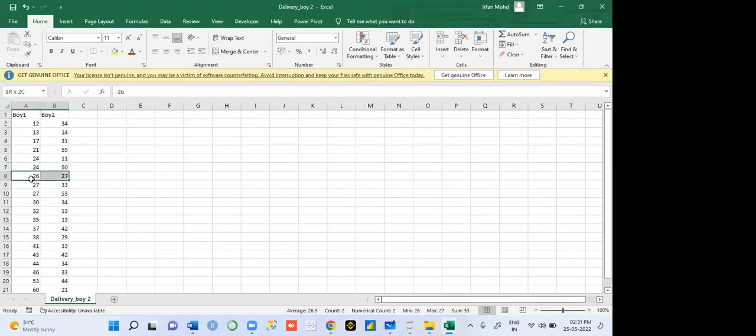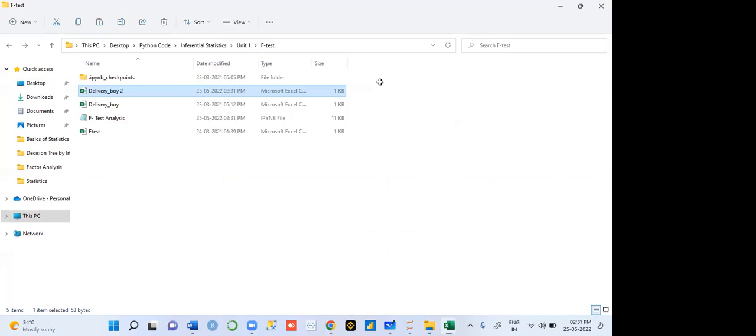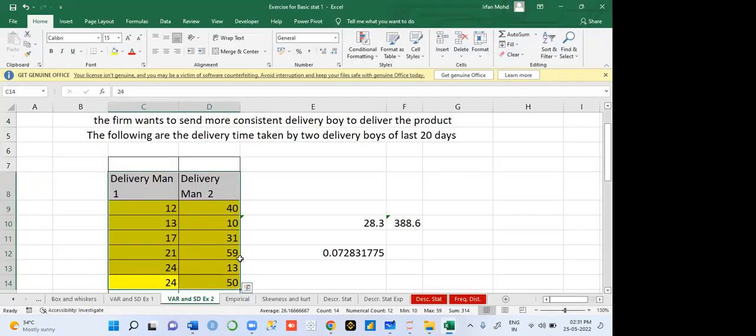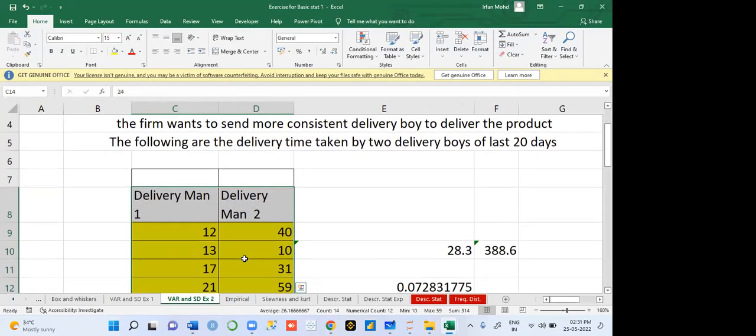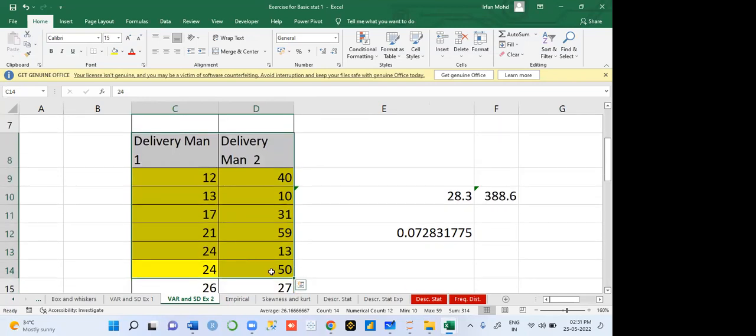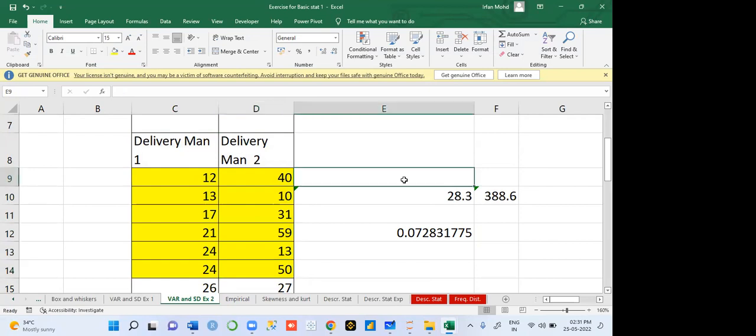सबको डेटा चाहिए. Guys, just write the yellow color, I'm repeating, just compute yellow color. Okay.